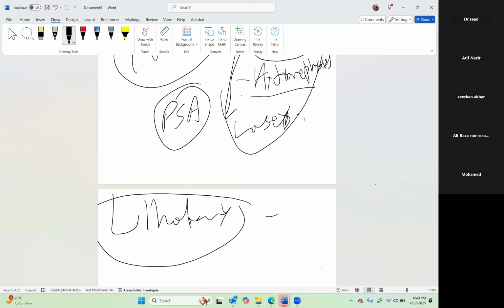Because if they cannot, it will be a problem. If you explore this, the same scenario can come in a long case, and when you are taking the history, you will ask the same things in a little more detail and examine the patient in a little more detail.